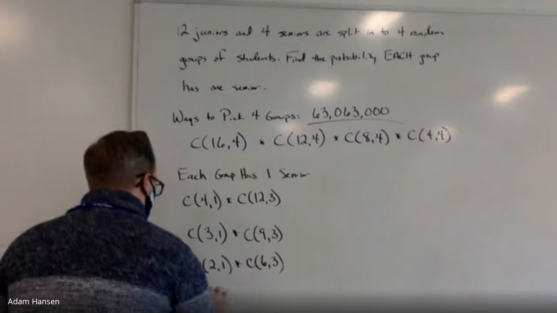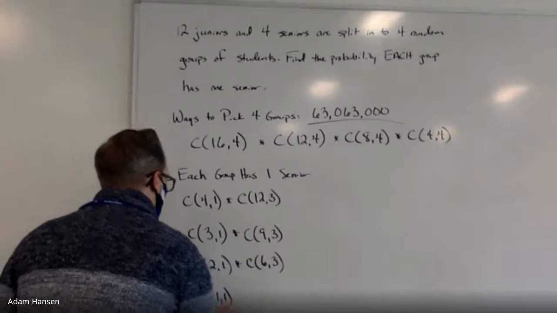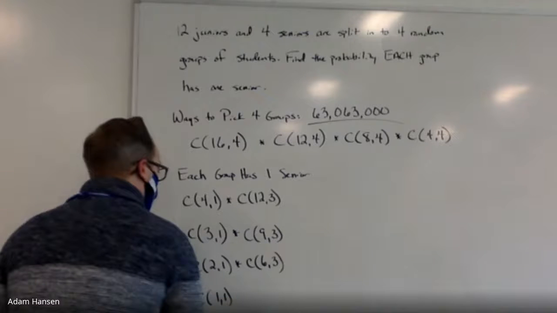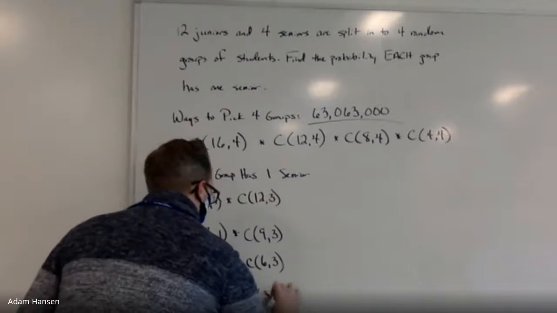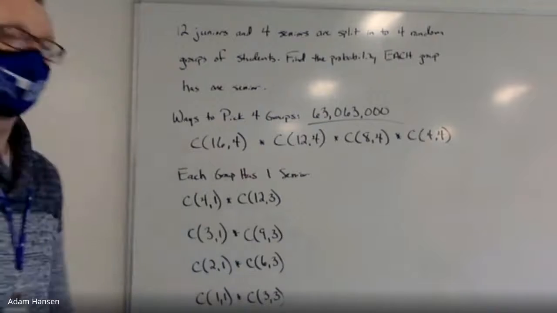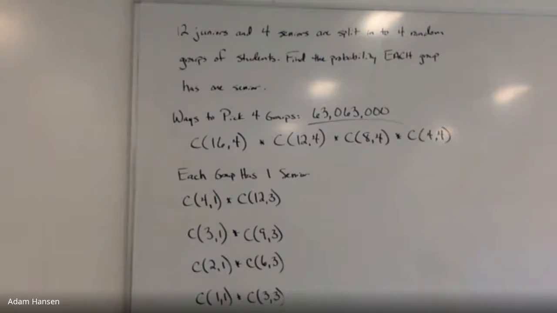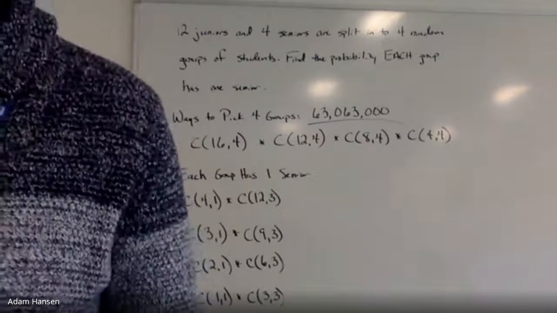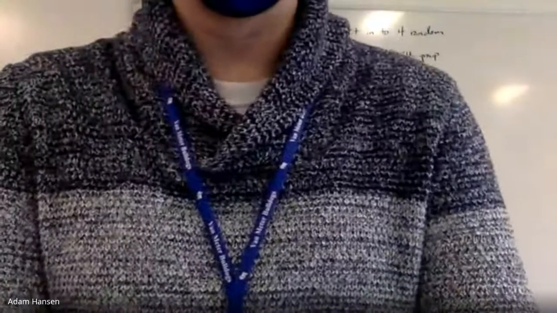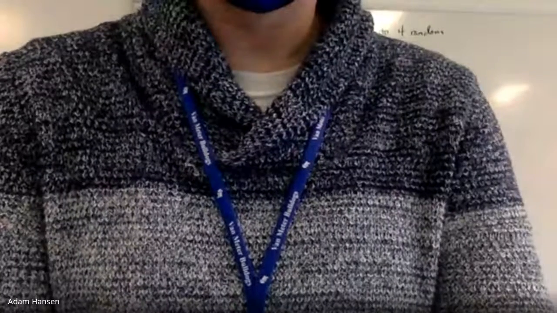The last group kind of is already formed for us. There's only one way to pick the 1 remaining senior, and one way to choose the 3 eligible juniors. So let's see, we had 4 choose 1 times 12 choose 3.